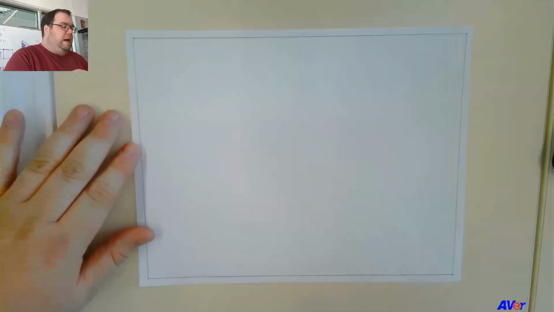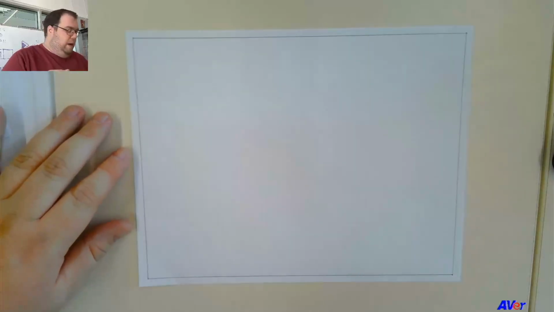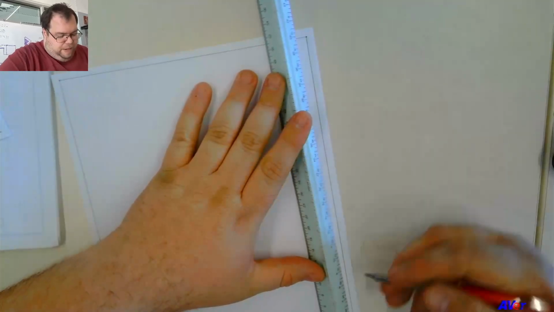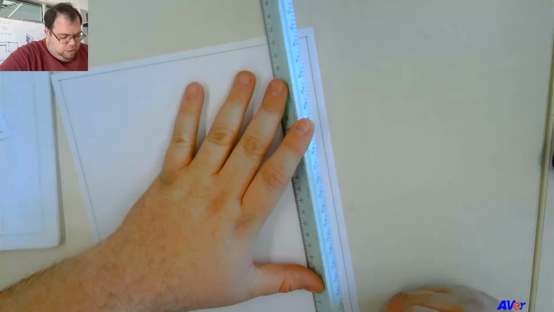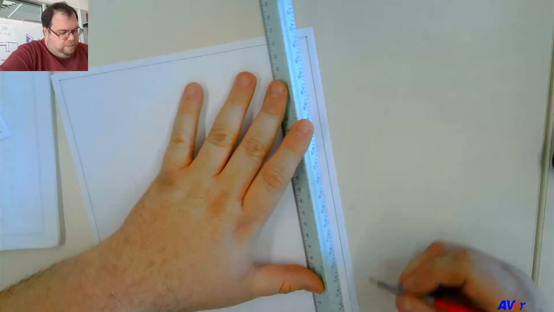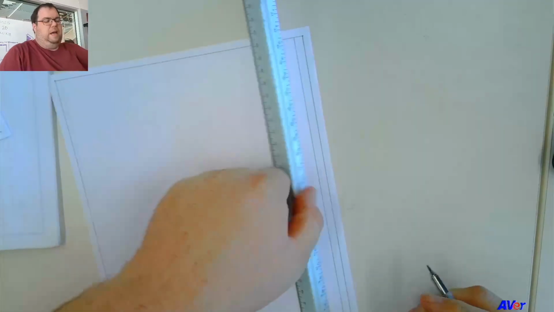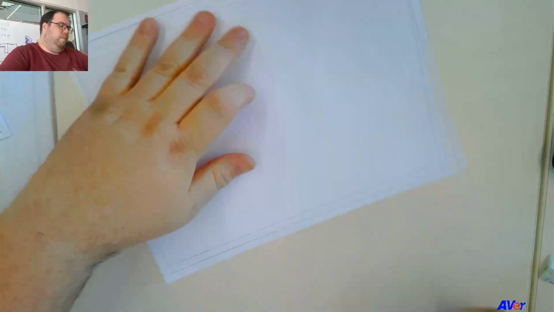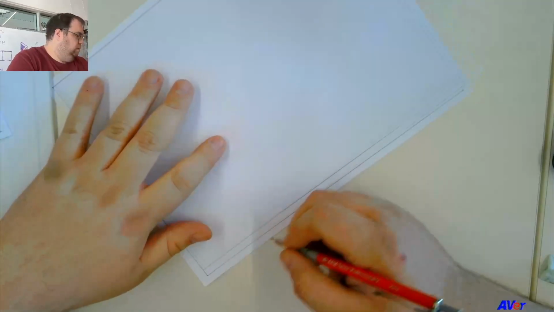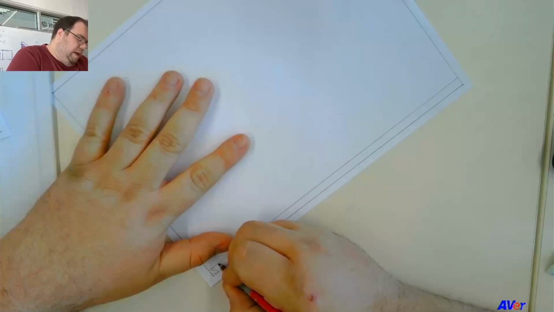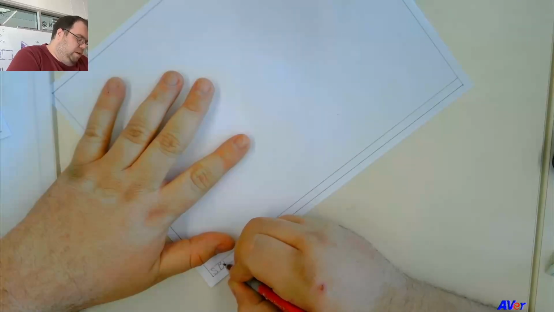All right, so once you have your box around the inside of your paper, come up about 1/4 of an inch on one of the long sides, just like we did before, and make your title block. So you start off with your first initial, last name, just like we've been doing.